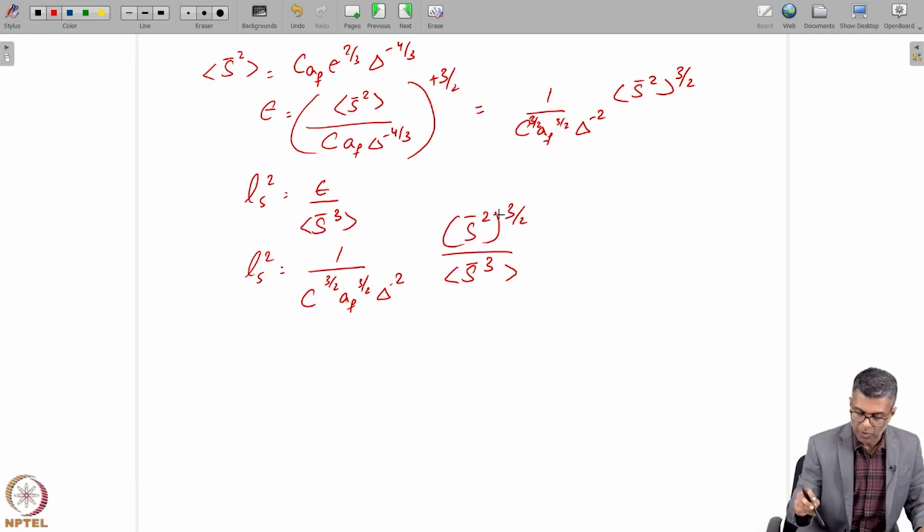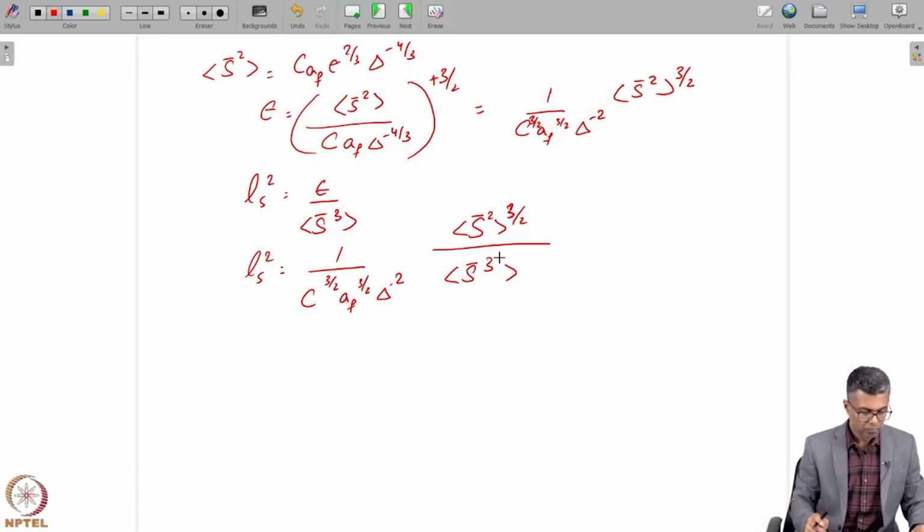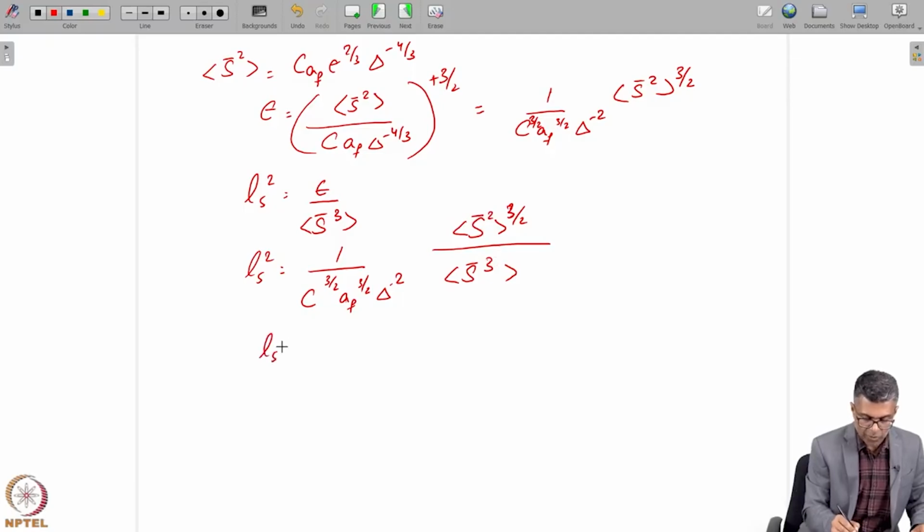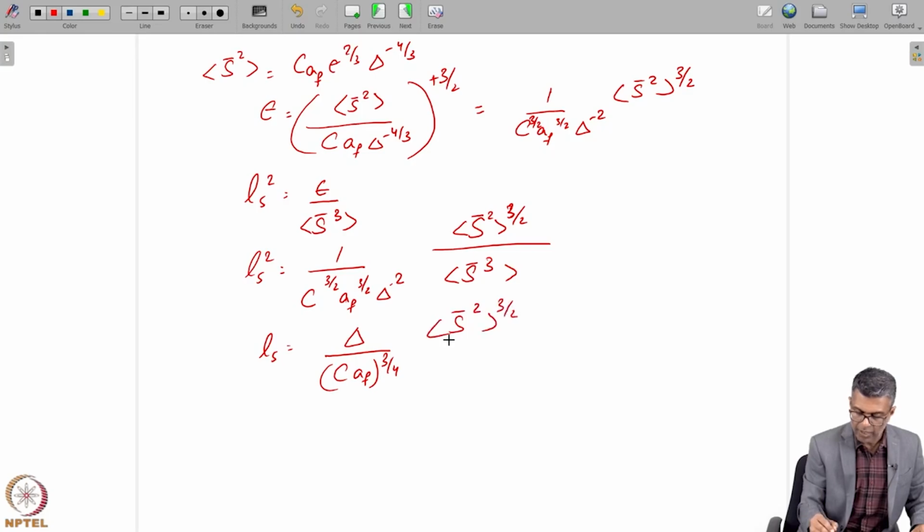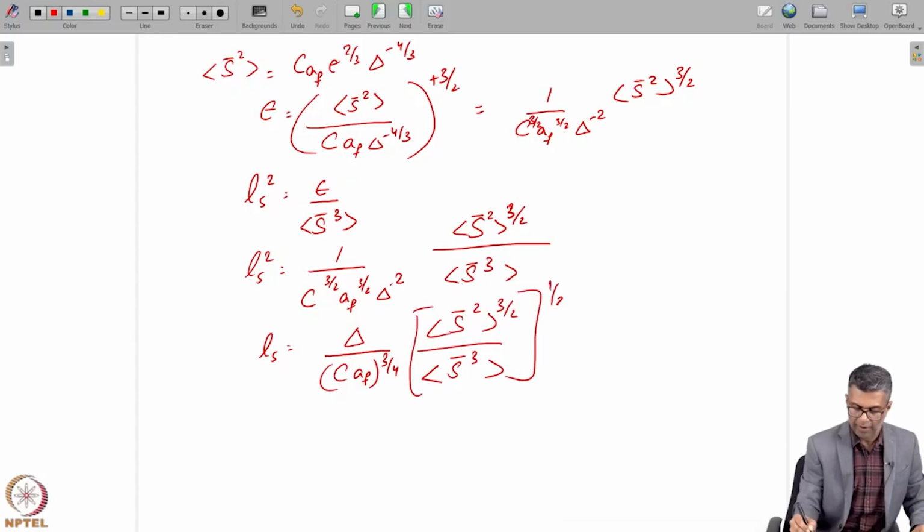I'm sorry, this needs to be an average: S bar squared average to the 3/2 divided by S bar cube. So L_S is going to be equal to delta on top, and then C A_F to the 3/4, and then S bar squared to the 3/2 divided by S bar cube, this whole thing to the half.